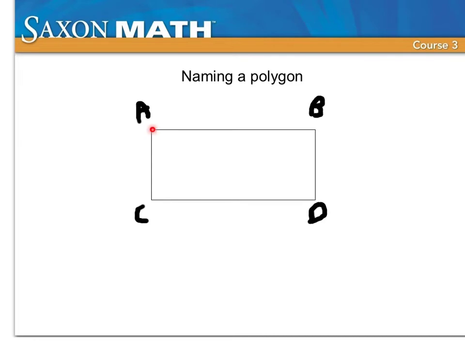Meaning if I travel around the shape, I can go from A to B. So I would start with A. Again, I can go to B. Then from B, I can go to D. And then from D, I can go to C. So this polygon can be named ABDC.